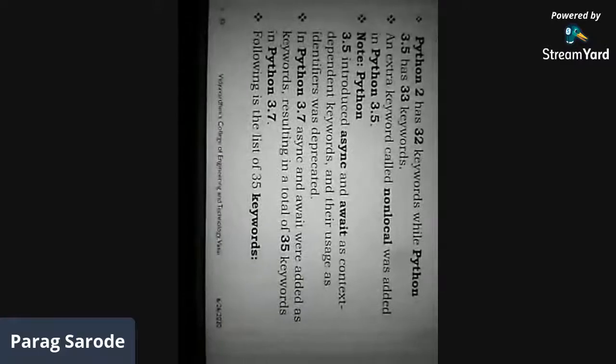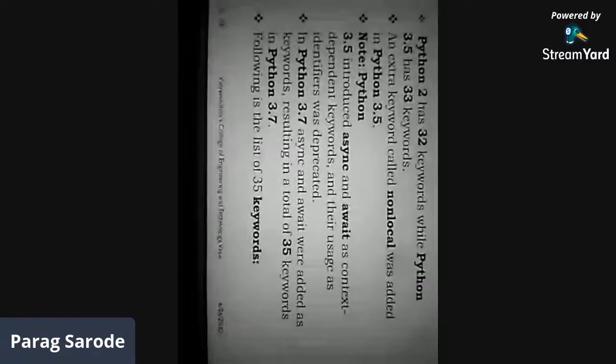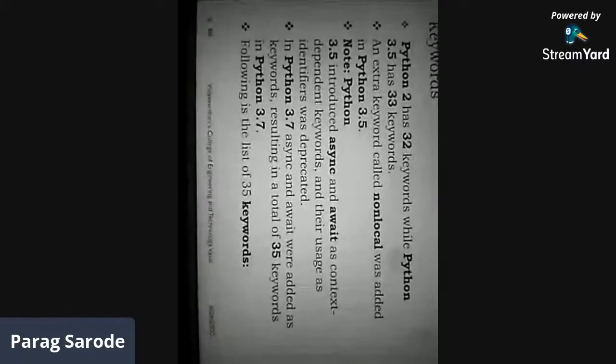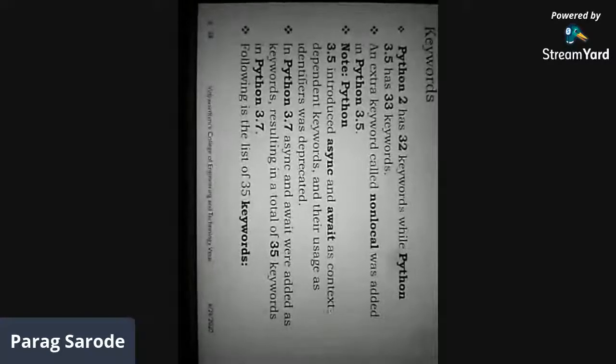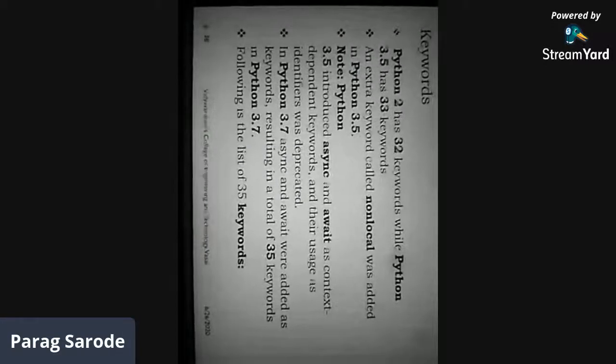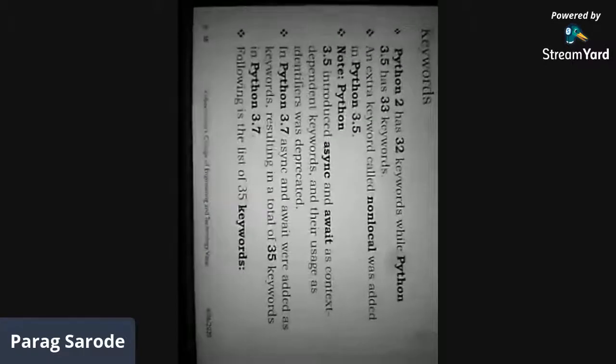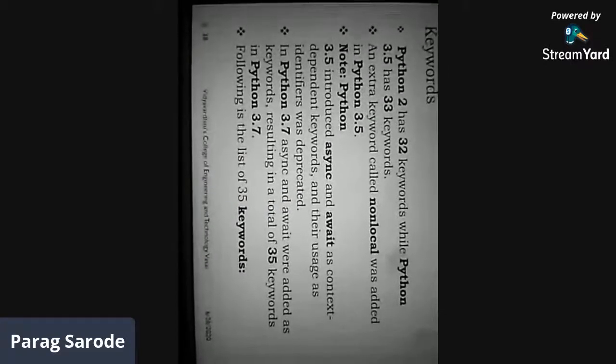We will discuss these keywords later, and they were released finally in the 3.7 version. Now the 3.7 version has how many keywords? 35, right? Correct.